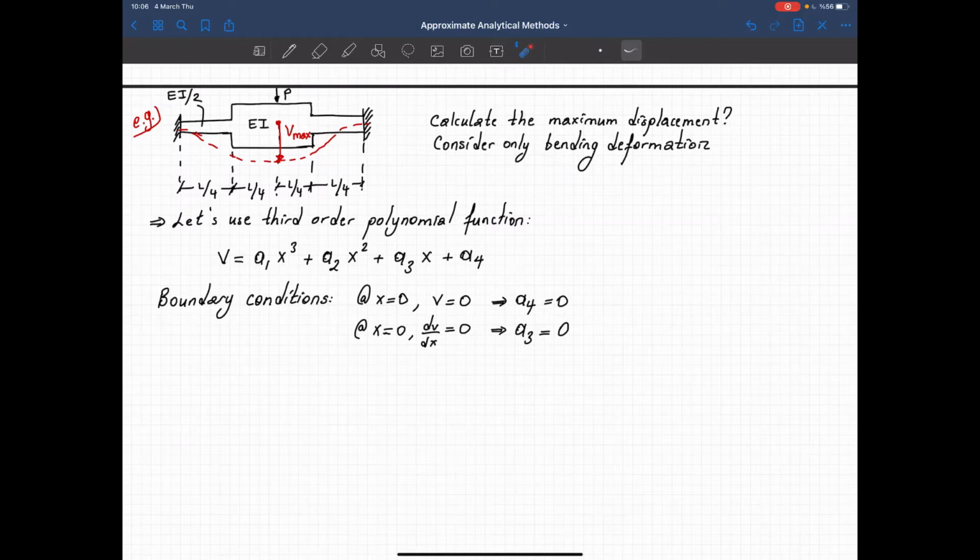Okay, so let's use the symmetry information. So I have a symmetric structure.